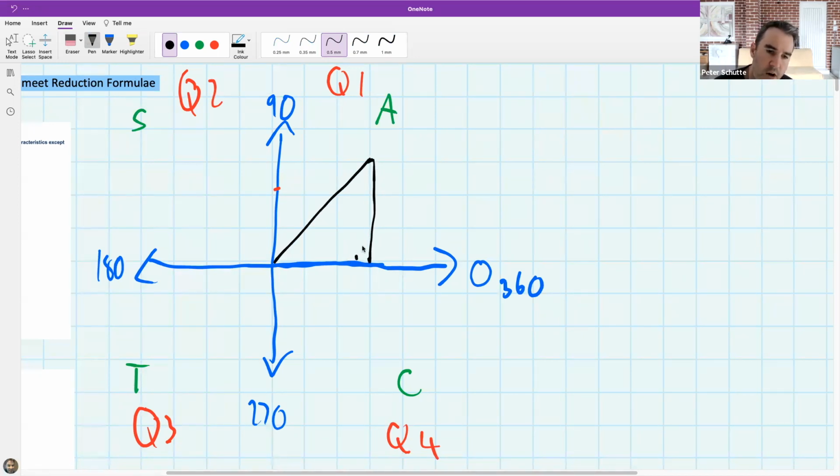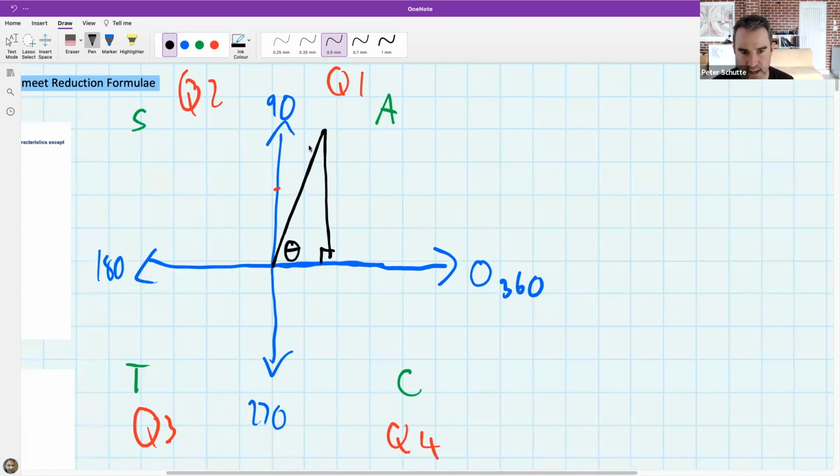Now, depending on how steep I make this line, it's going to be how big my reference angle is. For example, that would be maybe like 30 or 40 degrees. But if I had an angle like this, then the angle would be greater.